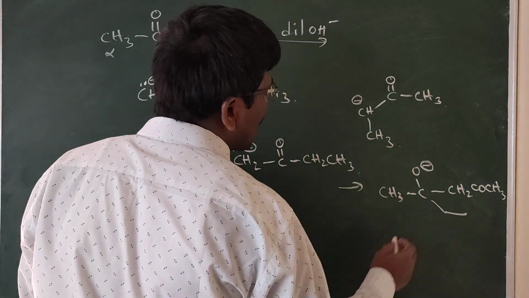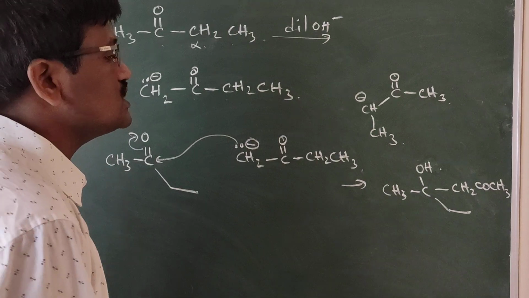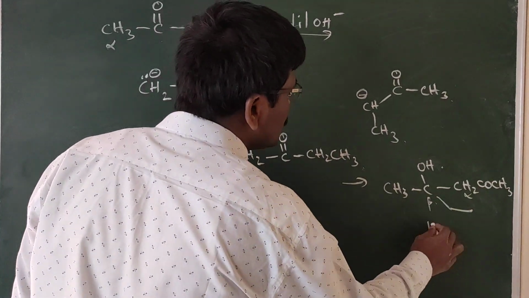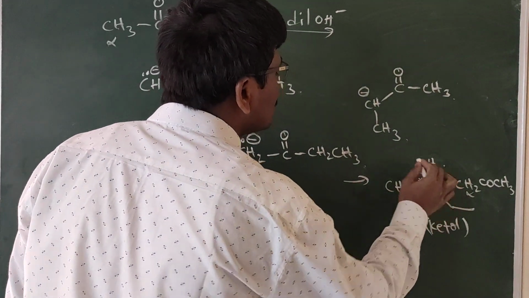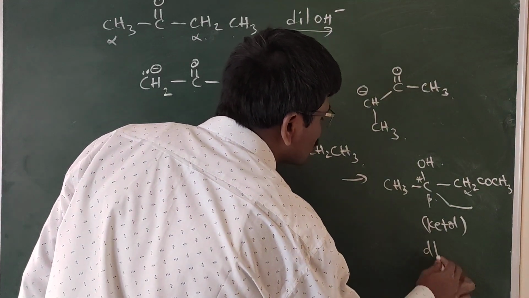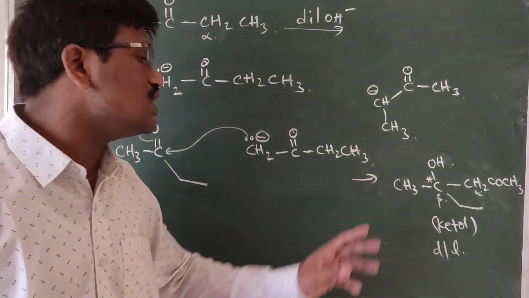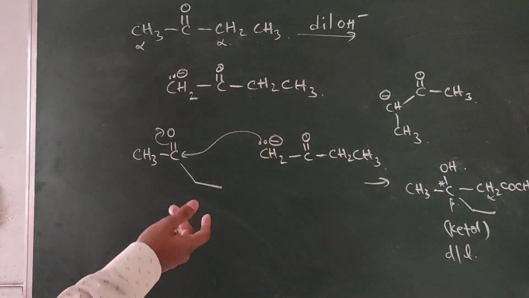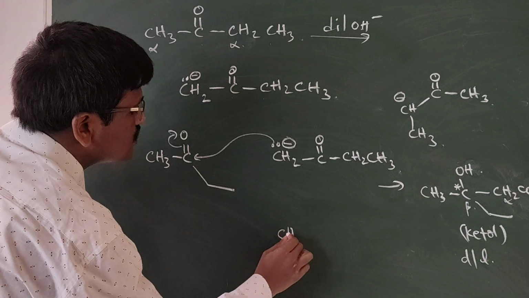This O minus ion abstracts a proton from a water molecule. In this way we get a beta hydroxy ketone, an aldol. In this, the carbon is a chiral carbon, so it can exist as dextro and levo forms. This ketone can exist in dextro form as well as levo form.